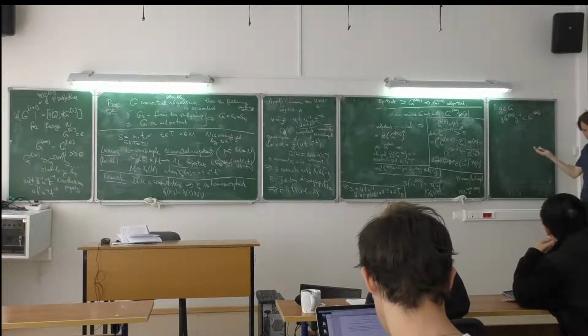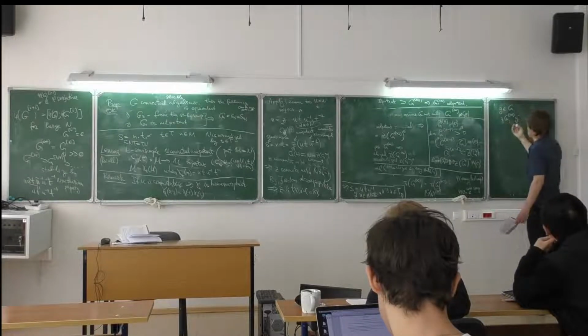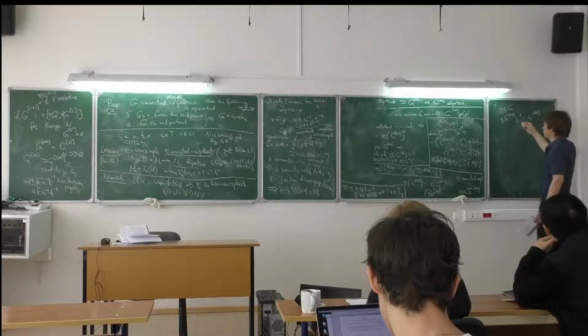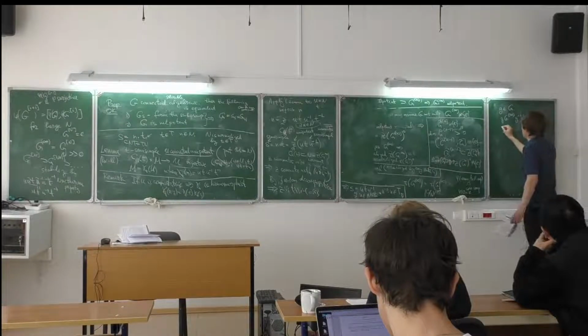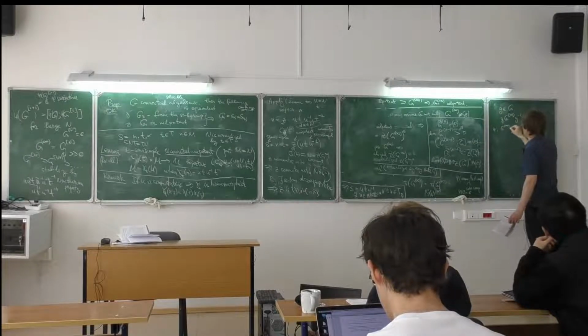So now I will explain it. It is convenient to notice that this G infinity G inverse can be viewed as a map. You can consider phi as a surjective map.